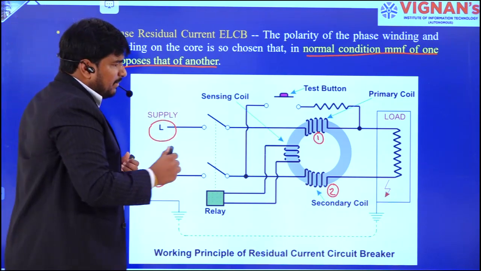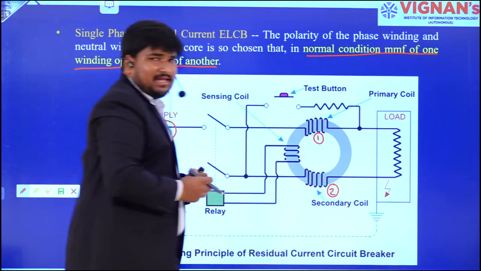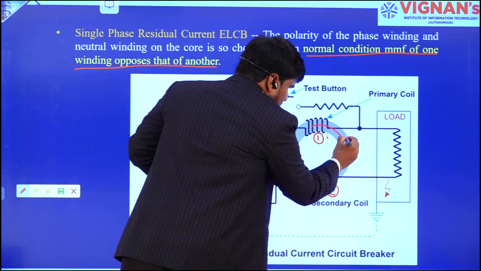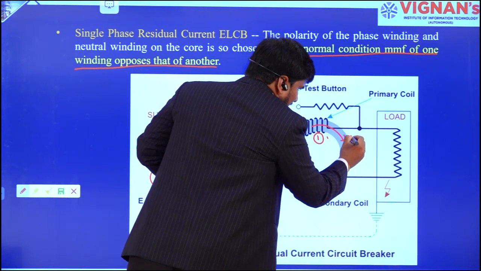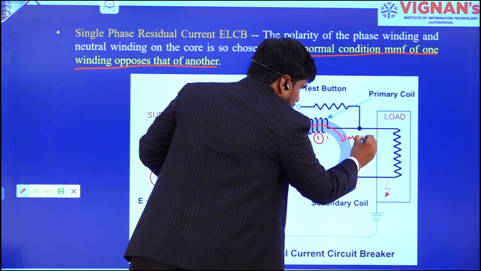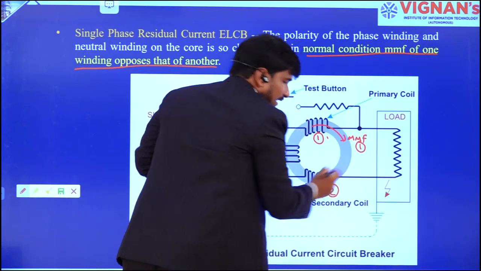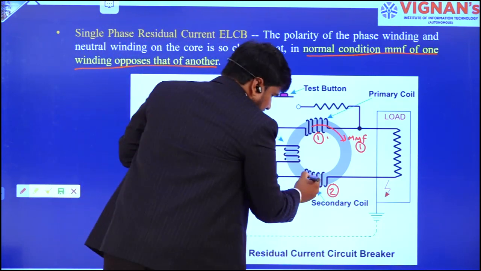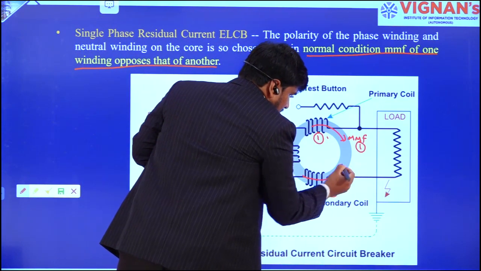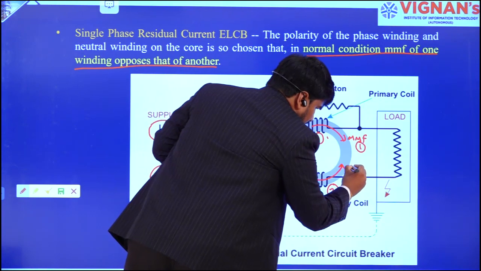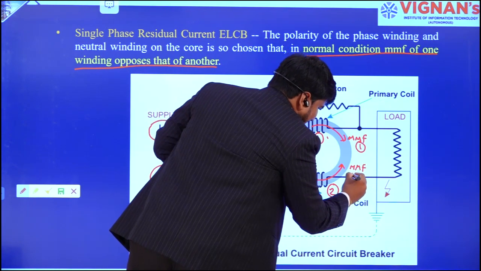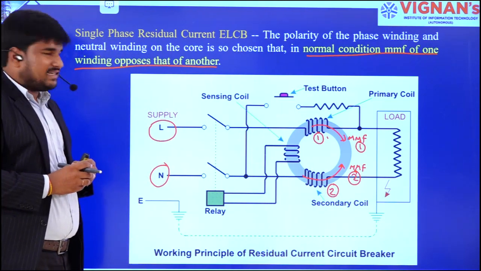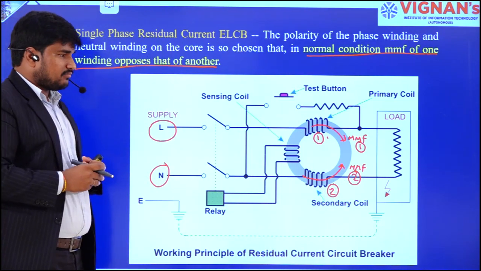For example, the MMF of coil 1 will be opposite to the MMF of coil 2 during normal operating conditions.